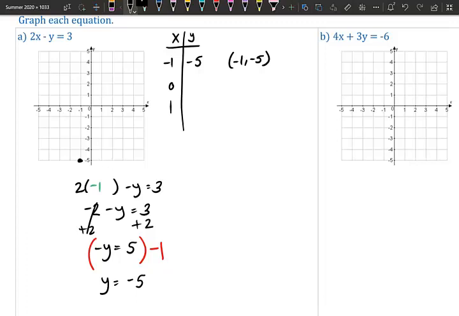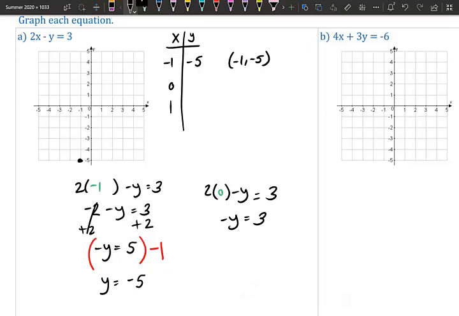Now, I want you to go ahead and pause it and do 0 and 1. Alright, so let's go ahead and plug it in together. We have 2 times 0 minus y equals 3. So 2 times 0 is 0, so we don't need that anymore. We have -y equals 3.